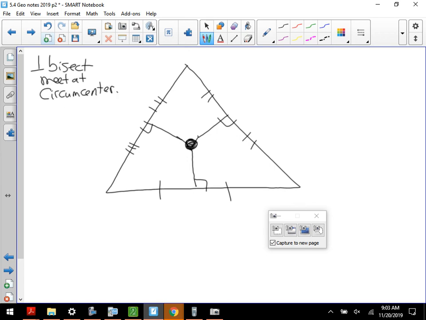And do you remember what segment was created that was congruent between all 3 of them when you had the circumcenter? That's what we did Monday, I think. Remember that was the point to vertex? Point to vertex in this one were all the same.